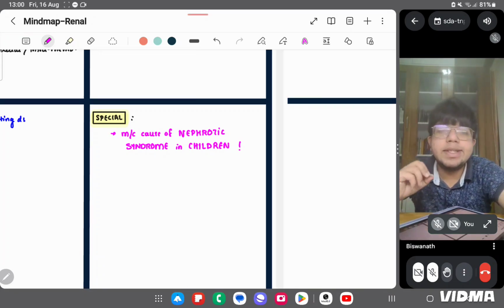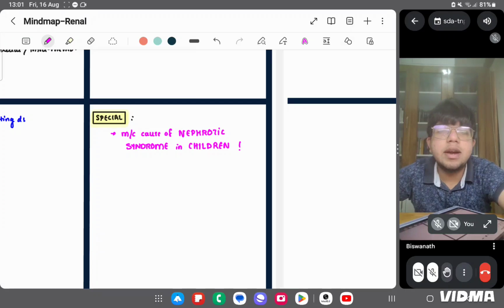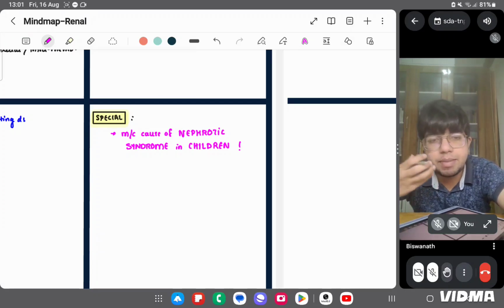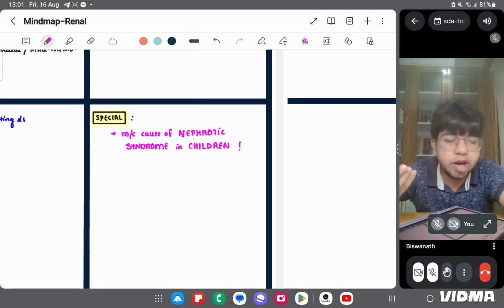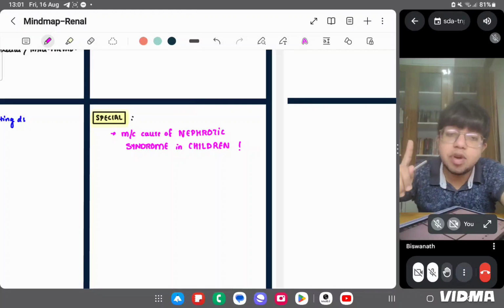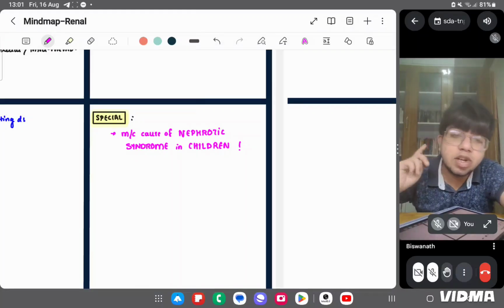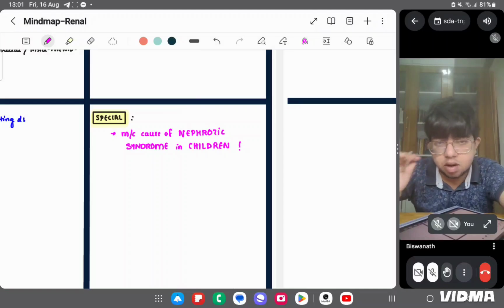Okay, and a child with massive and selective proteinuria, and there may be some edema present, like periorbital puffiness. So the diagnosis will be minimal change disease, and steroids can cure this disease in almost 95 to 99% of patients.